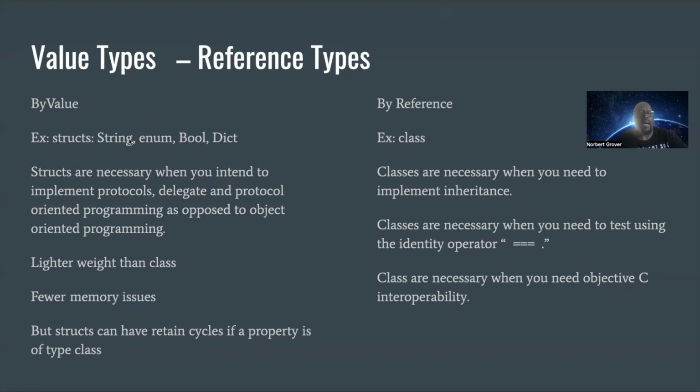That means they're copies, separate copies. Each one has its own individual space in memory, whereas a class is by reference. That means all of these are pointing to the exact same space in memory.